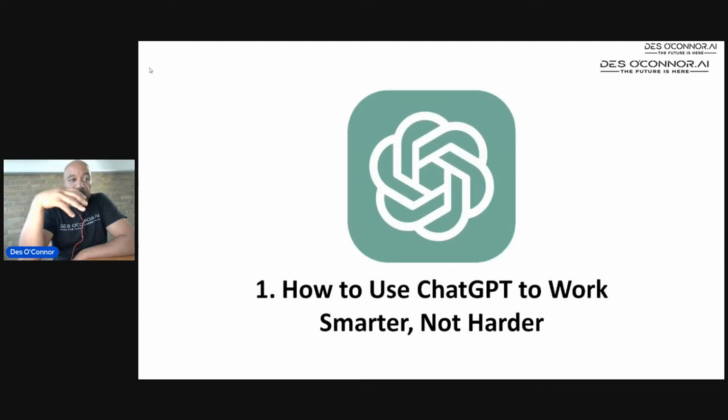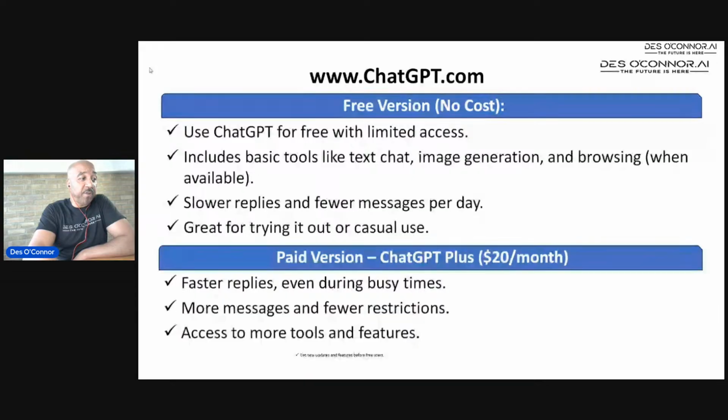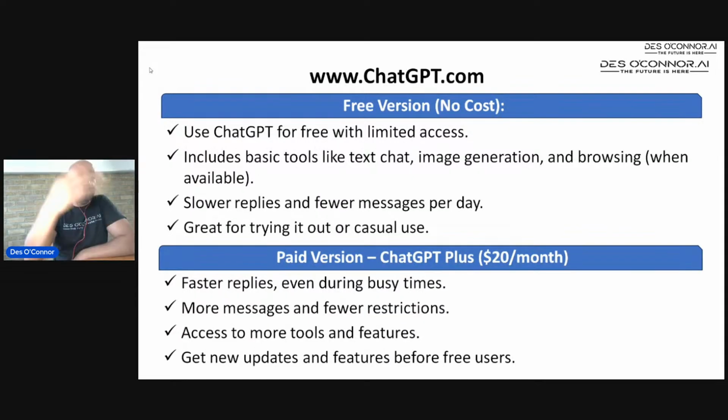So I'm going to be going over some of the ways that you can use ChatGPT to actually do that. How to work smarter, but not harder. Now, there's two versions of ChatGPT. Some of you may not be aware of this. There's the free version, no cost, and you can use it for free, but you have limited access. You'll be on it for a while, and then you may get a warning or a little note to say you have to come back a bit later because you've exceeded your credit.